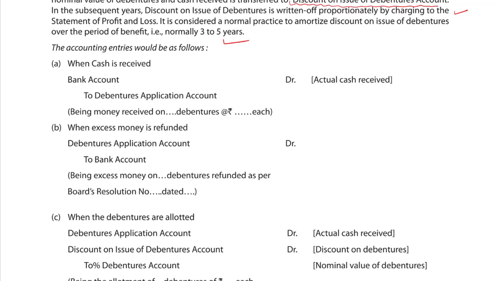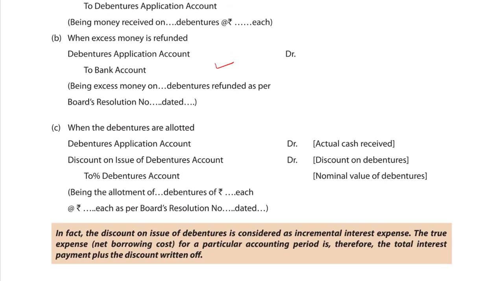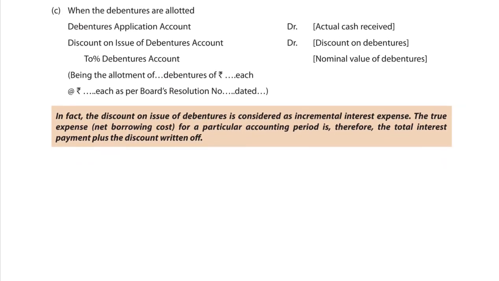The accounting entries would be as follows. When cash is received, bank account will be debited and debenture application account will be credited. When excess money is refunded, debenture application account is debited and bank account is credited. When the debentures are allotted, debenture application account debit, discount on issue of debentures account debit to debentures account.